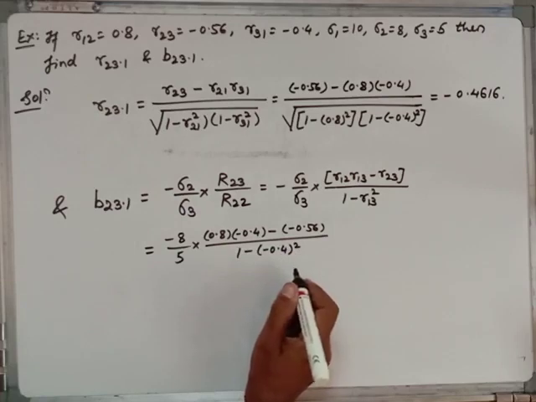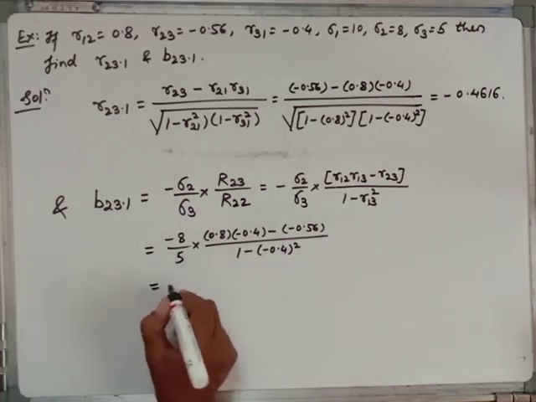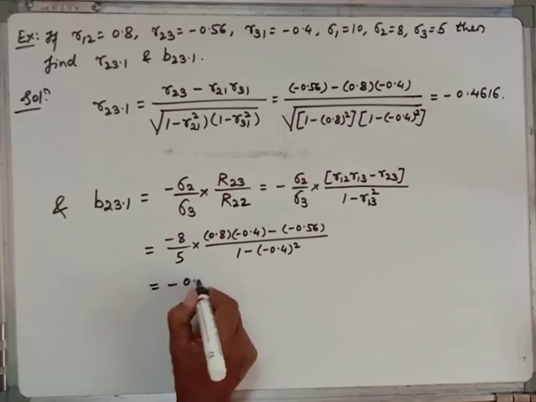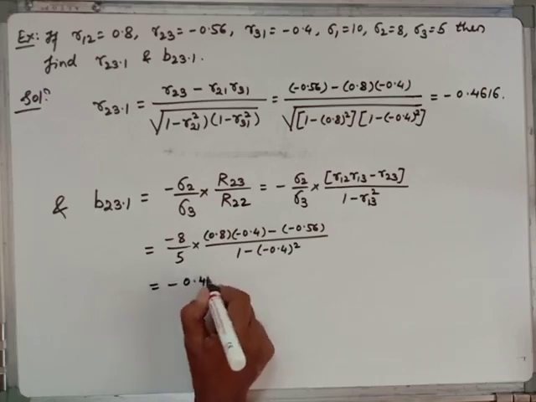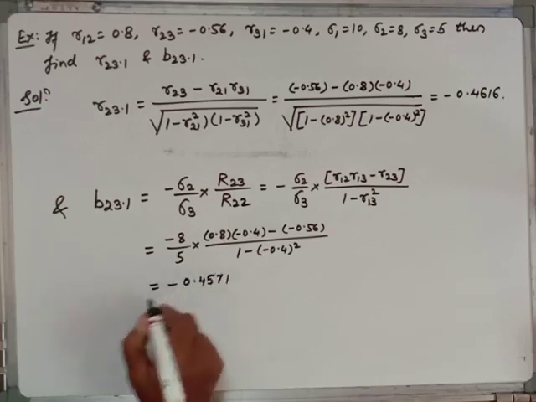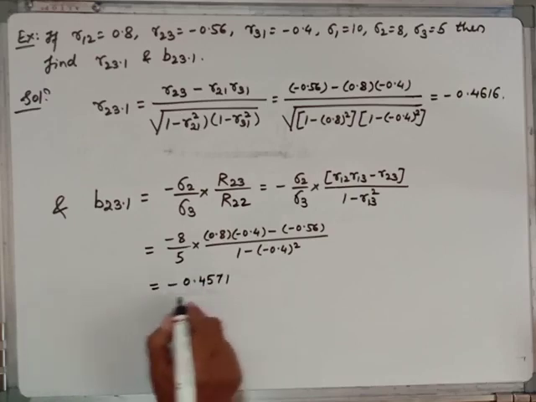Okay, so simplifying it, we get here it is minus 0.4571. The answer will be this one.